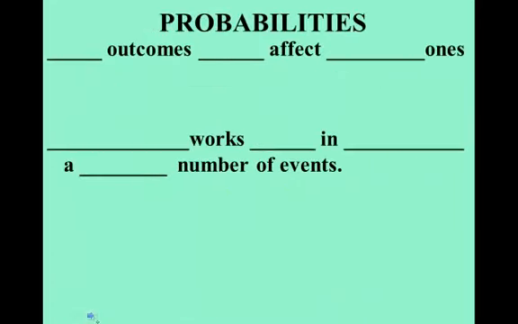A couple of things to remember about probability. Every time I flip the coin, it doesn't matter how many flips I've had before. Past outcomes don't affect future ones. If I flip a coin and get heads, does that mean next time I'm going to get tails for sure because it's 50-50?